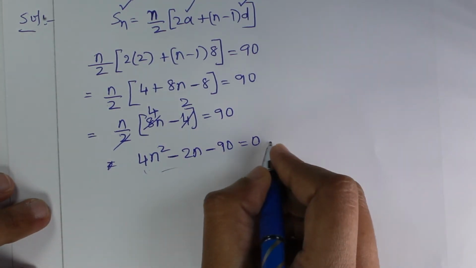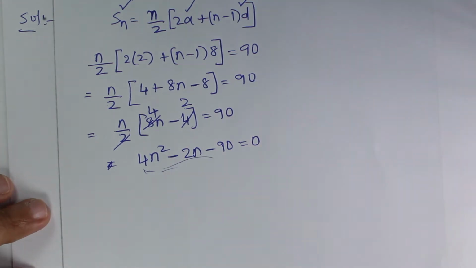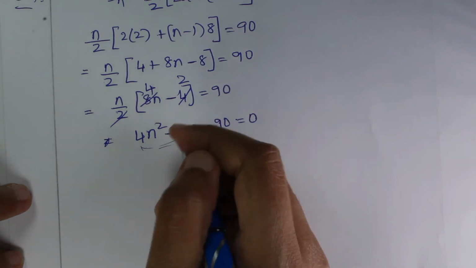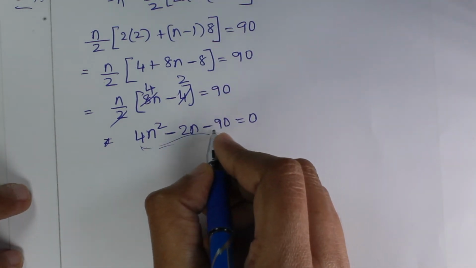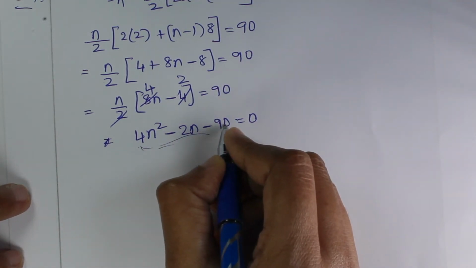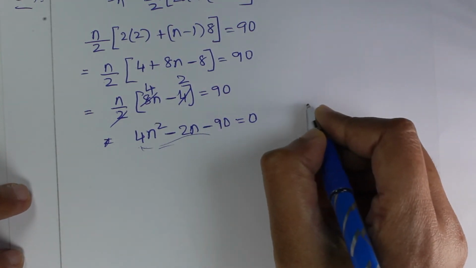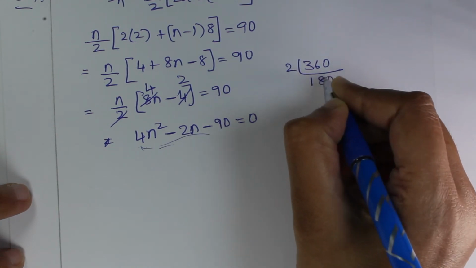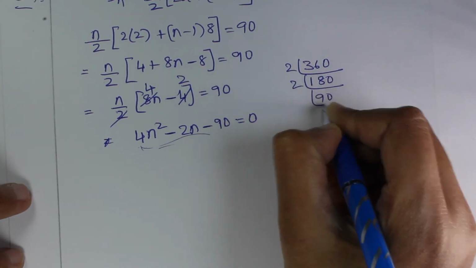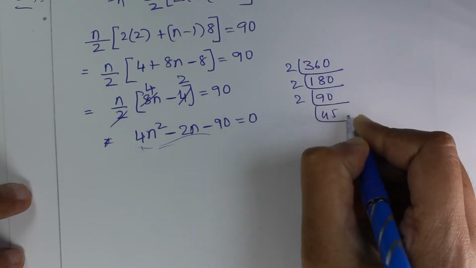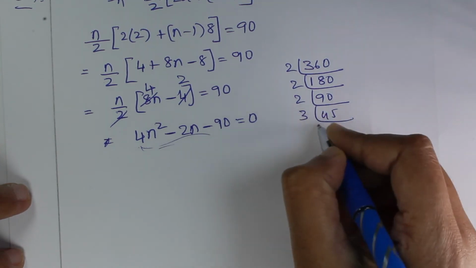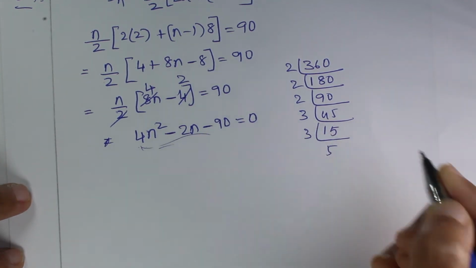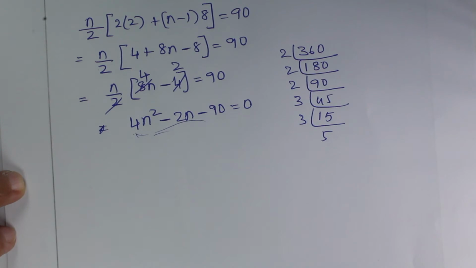Now we will solve this quadratic equation by factorizing it and finding the values of n. First of all, to do that we will multiply minus 90 into 4, that is equal to minus 360, right? So we will take the LCM for 360. So this is the LCM.